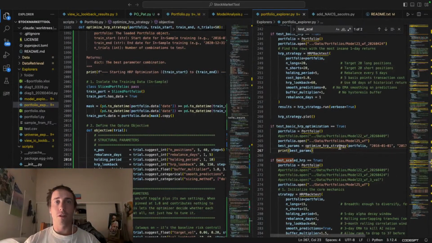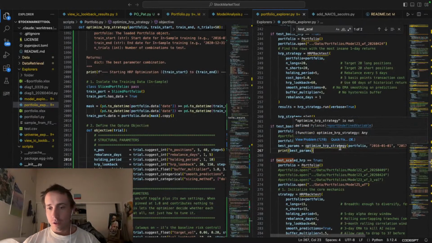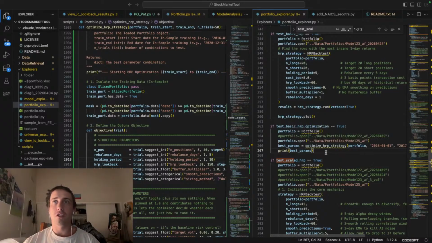Test basic HRP optimization. Are you using any more Cholesky decomposition matrix? No, I'm not even sure what that is.